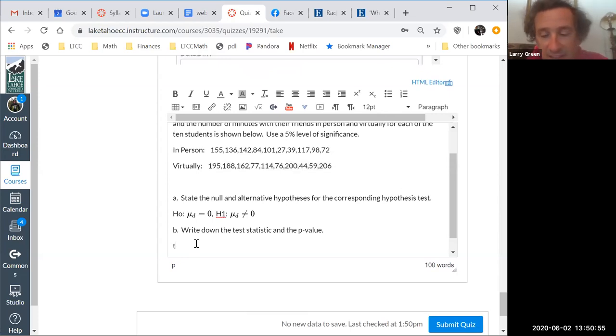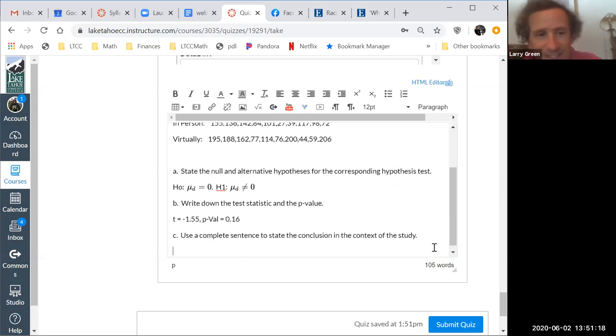Our test statistic is t equals negative 1.55, and our p-value is equal to 0.16. Any questions?